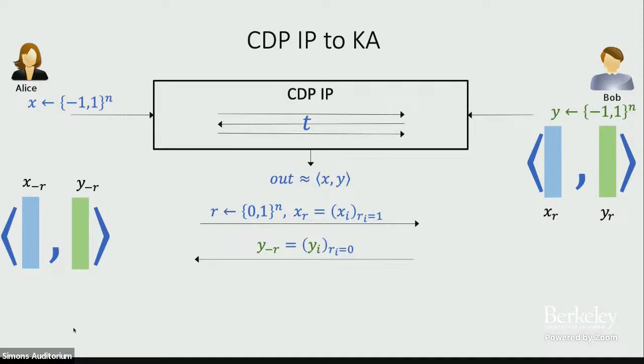So now just notice that the output of Bob is going to be the inner product between x_R and y_R, and the output of Alice is going to be the output of the inner product protocol minus the inner product of x_{-R} and y_{-R}. If the output of the inner product protocol is equal to the inner product between x and y, then Alice and Bob agree, because the sum of the inner product between x_R and y_R plus x_{-R} and y_{-R} is exactly the inner product between x and y.